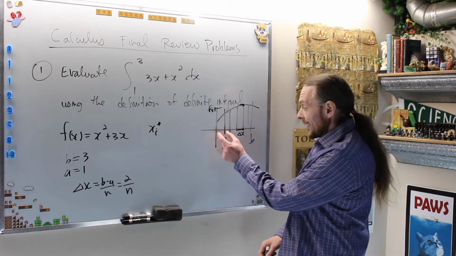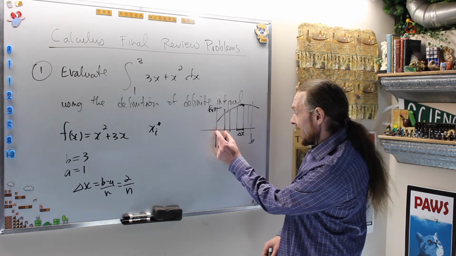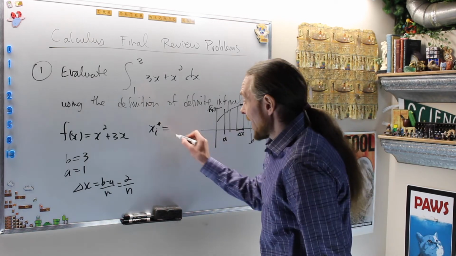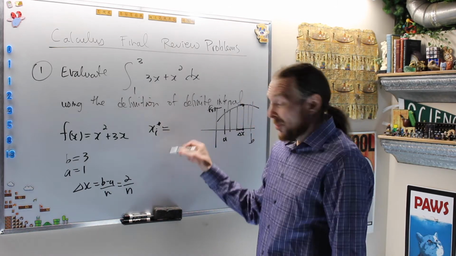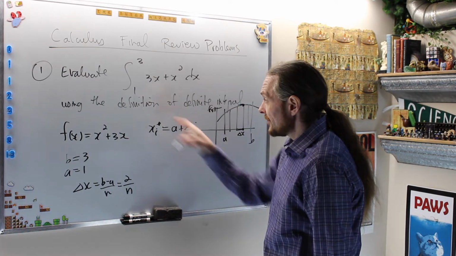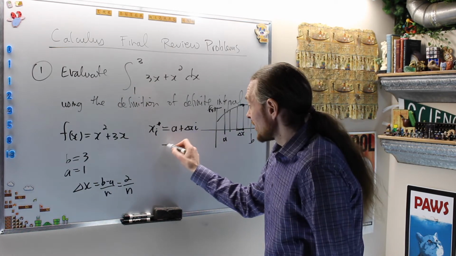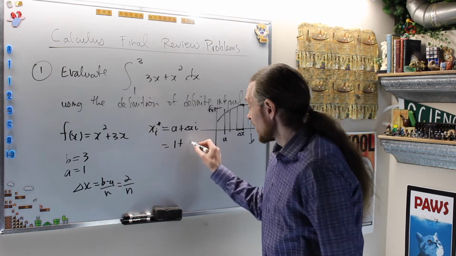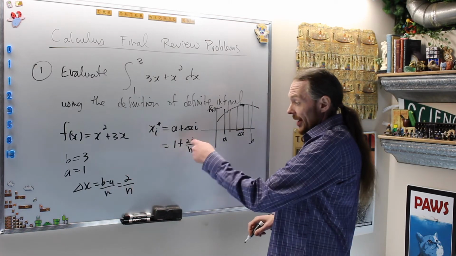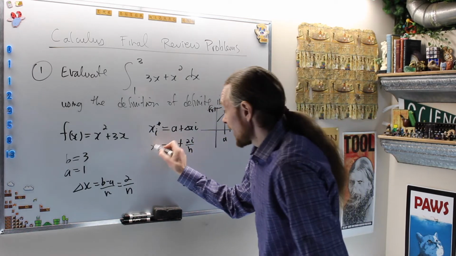Using that, how do I get there? I have to travel a distance of a, and then delta x, i times. So using right-hand endpoints, xi star, our sample point, is a plus delta x times i. In our case, a is 1, so that gives us 1 plus delta x, which was 2 over n, times i. So this is our xi star.